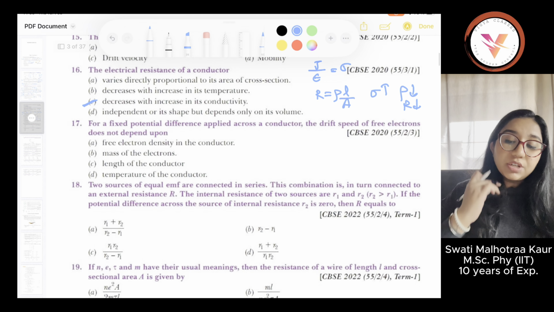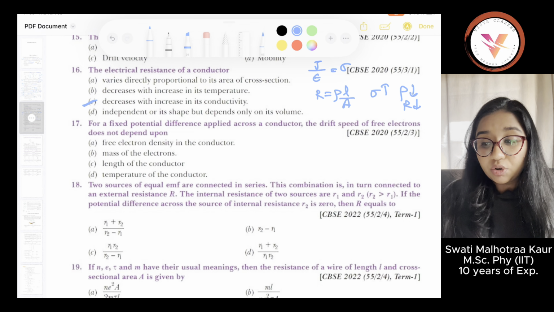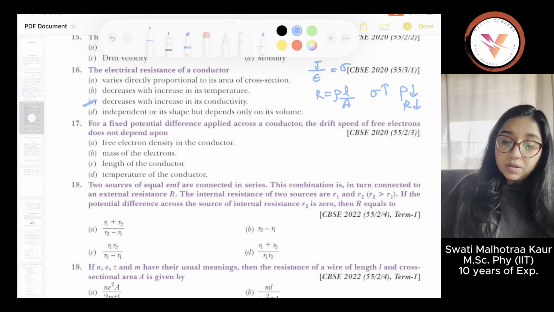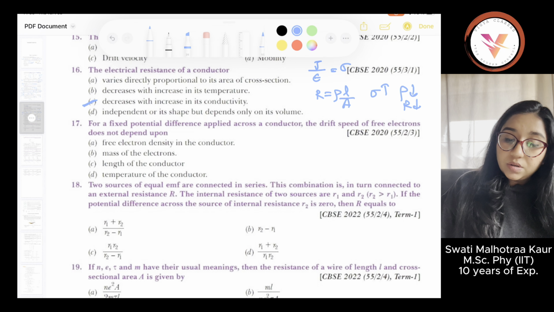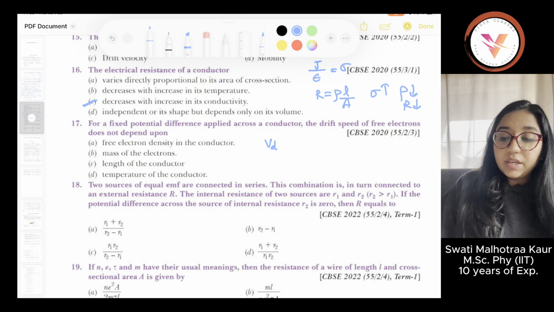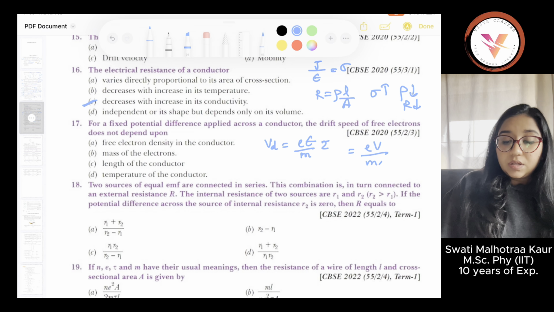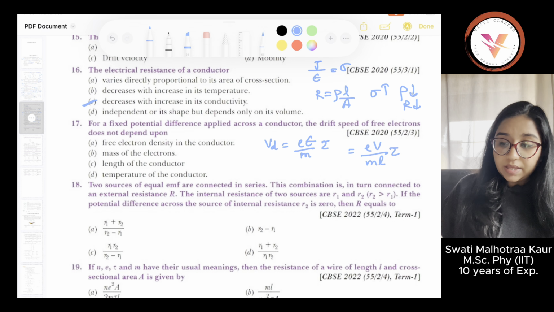For a fixed potential difference applied across the conductor, the drift velocity of free electron does not depend on... for a fixed potential difference. So Vd has a formula of eEτ by m, and electric field can be written as V by L. So if the potential difference is the same, then the drift velocity of free electron does not depend on free electron density and mass of the electron.